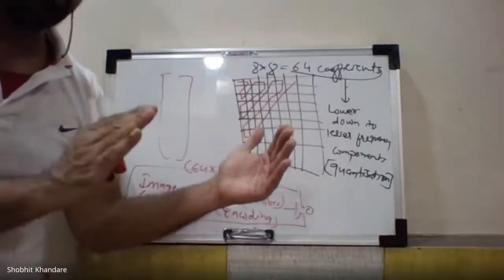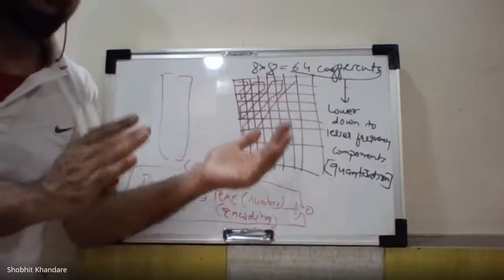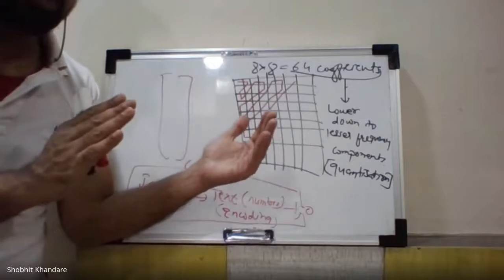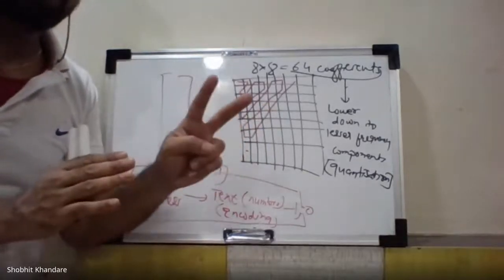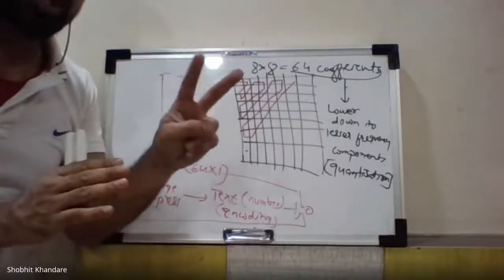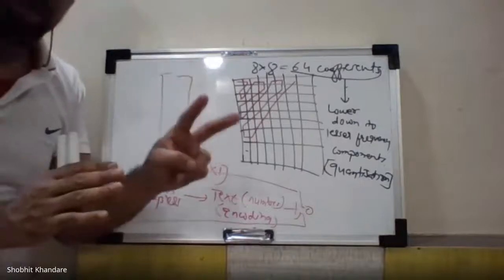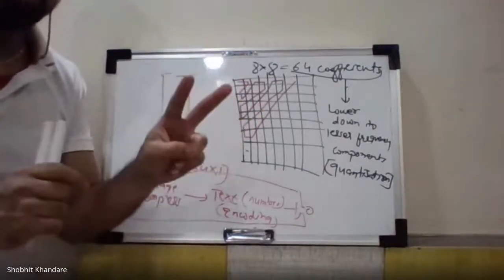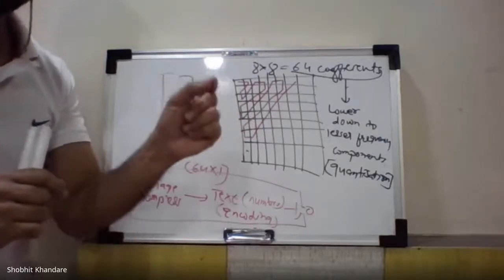In image compression, your last block is the entropy encoder. If I ask you where you have achieved compression, you will say we have achieved compression at two stages. This is important, please pay attention. The first stage was where? During quantization.